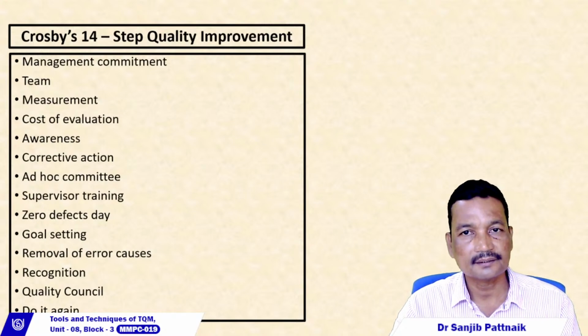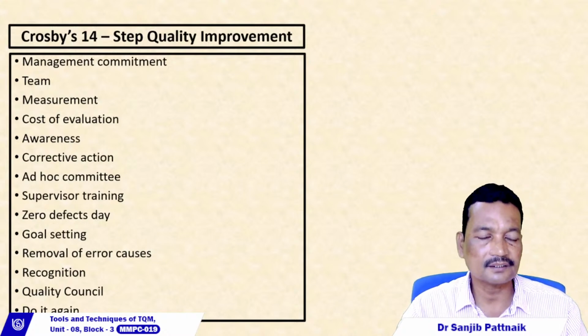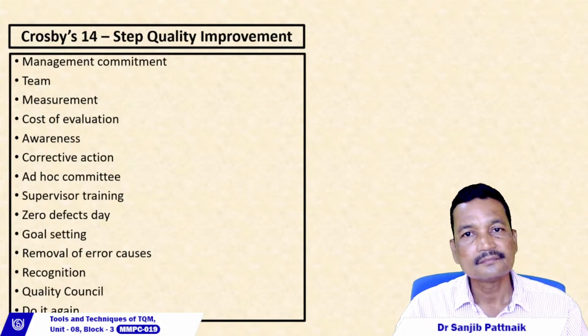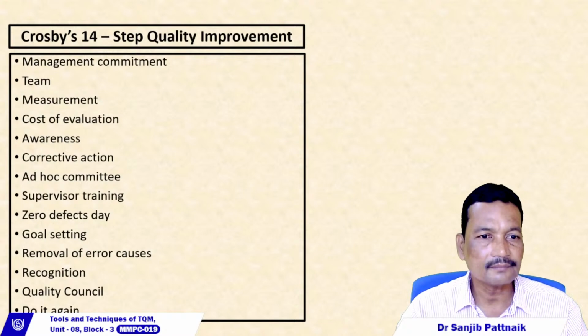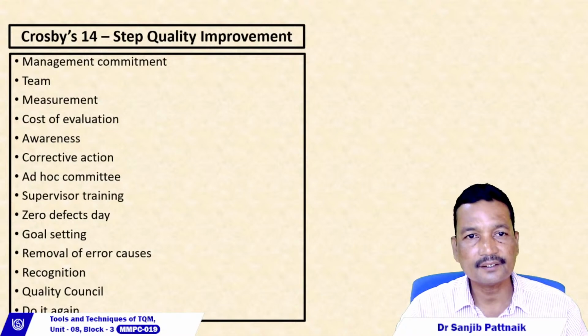Create awareness among the employees, among those who are working in the process. If any defects are occurring, immediately take corrective actions. Have an ad hoc committee who will oversee the act. The supervisors who are looking after the work should be properly trained regarding the quality aspect.